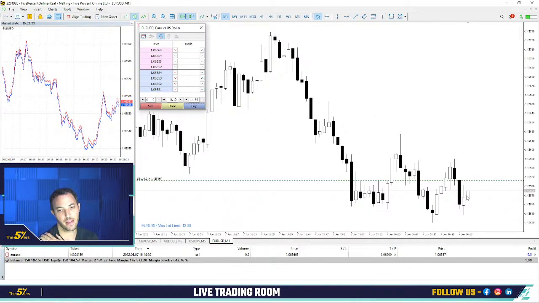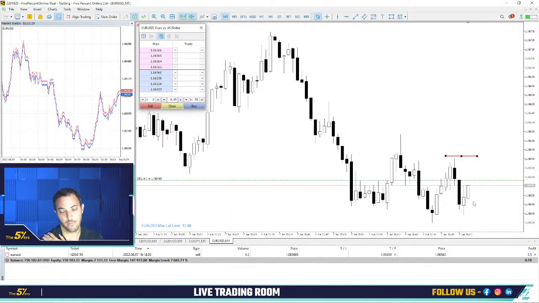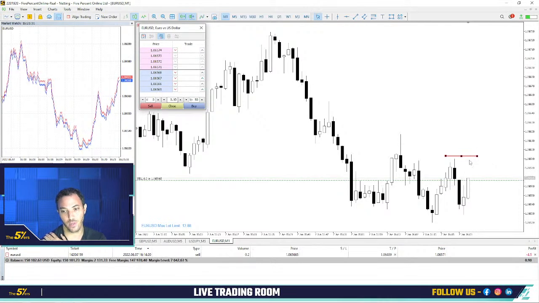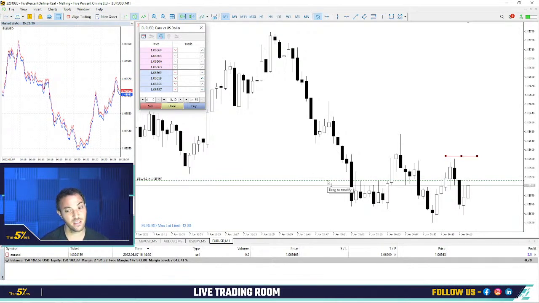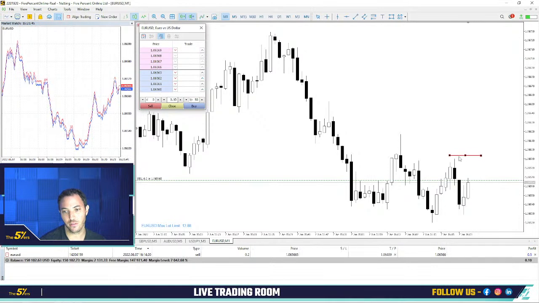Because this failed to continue lower, now I have a mental stop loss here. I'll see how price reacts to that area, and then I might have to take these ones for a loss. The overall position I think will be kind of break even, but I'll see how price reacts to this area.